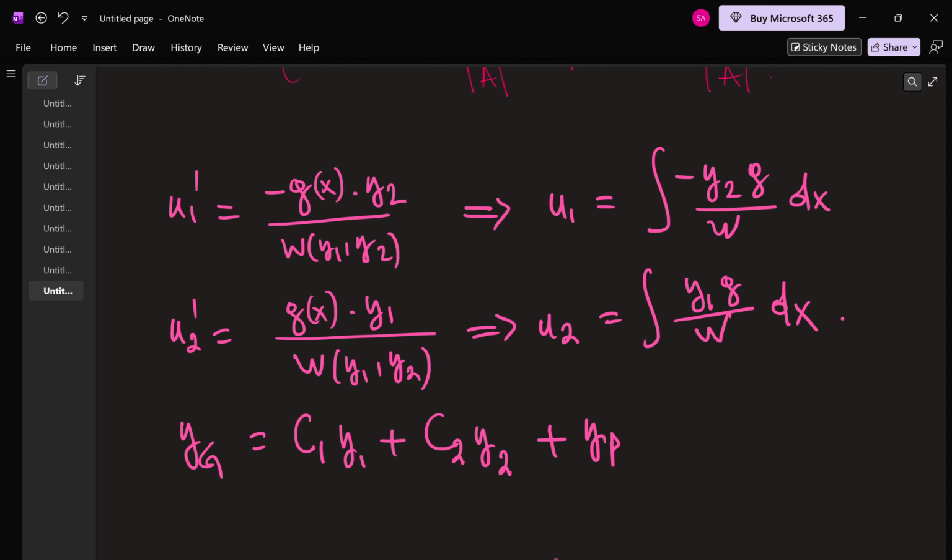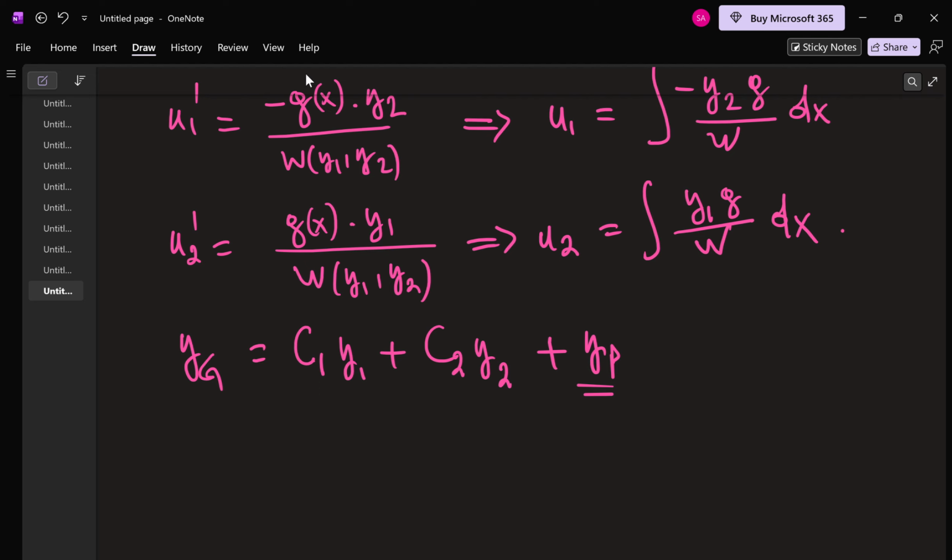And here yp, as we computed it, is equal to u1, the function that we found, times y1 plus u2 times y2. Okay, so this is the final solution of our equation.